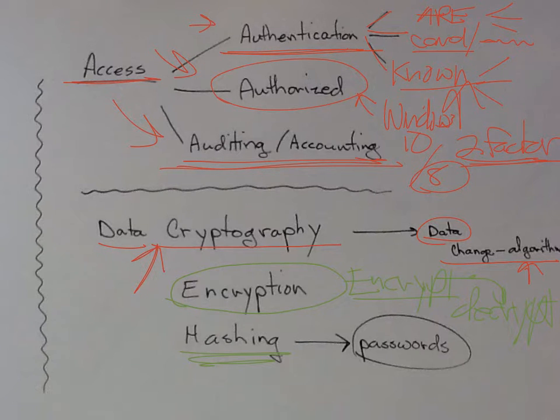Hashing is another thing. With hashing, you can take data and hash it into a fixed length hash. It's always the same length depending on the hashing algorithm. This is what's used for passwords. Companies don't keep your password.